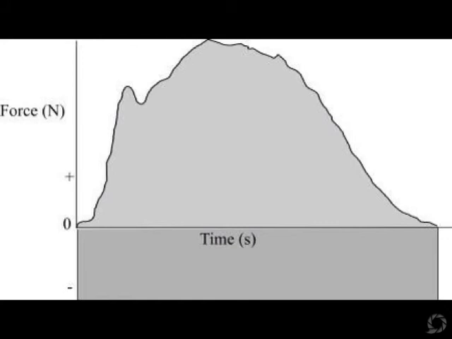Once again, if we wanted to get an estimate of the net impulse, then we would take the negative area away from the positive area, and you'd be left with the shaded area as shown on the trace here.